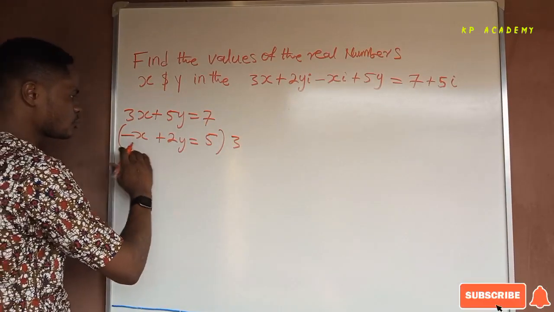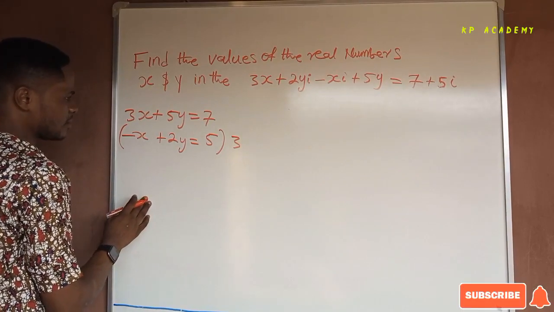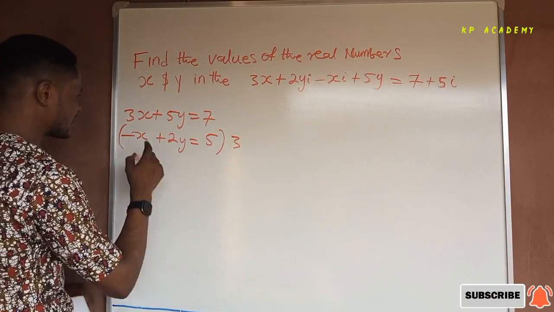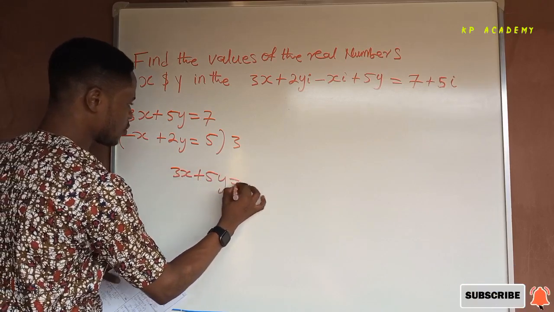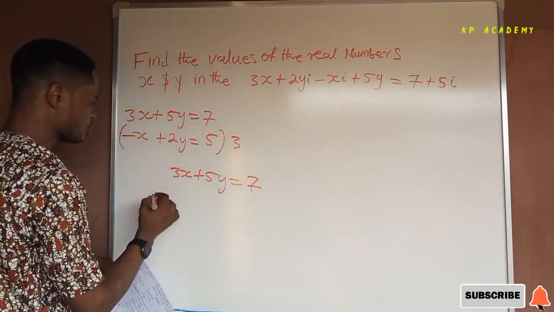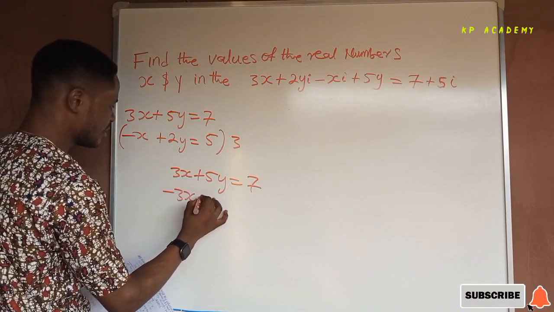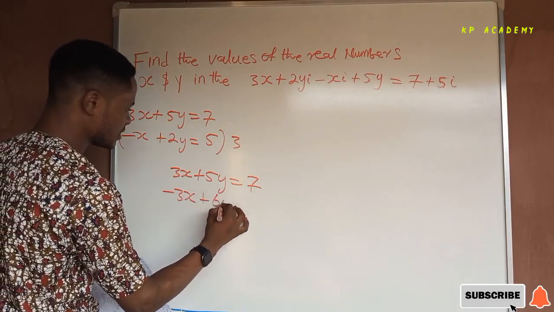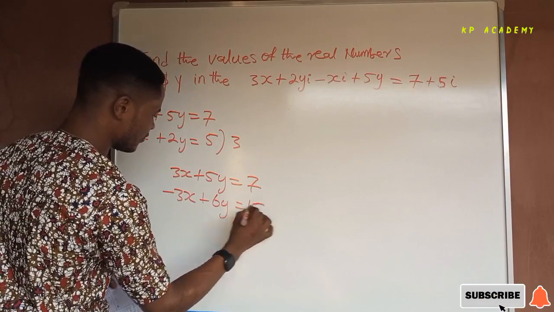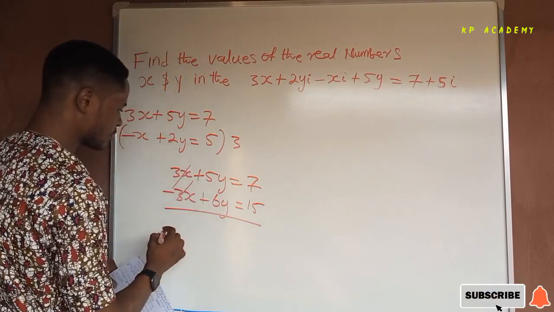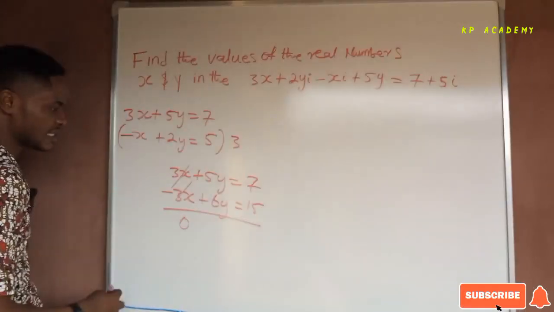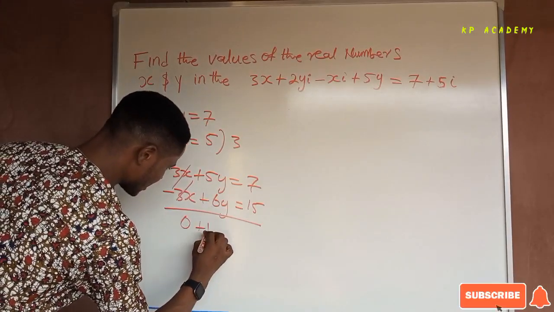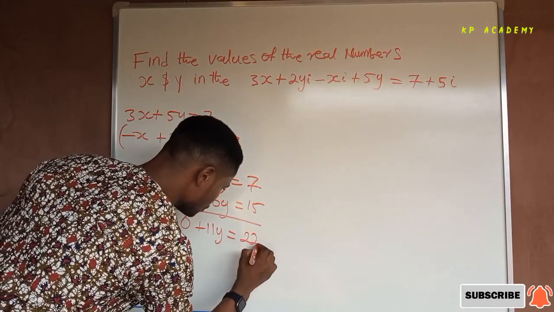So multiplying all through equation 2 by 3, our equation 1 still remains 3x plus 5y equal to 7, while our equation 2 now is minus 3x plus 6y equal to 15. Now this can cancel out so that we have 0 here. Over here we now have 5 plus 6, which is nothing but 11y equals 22.